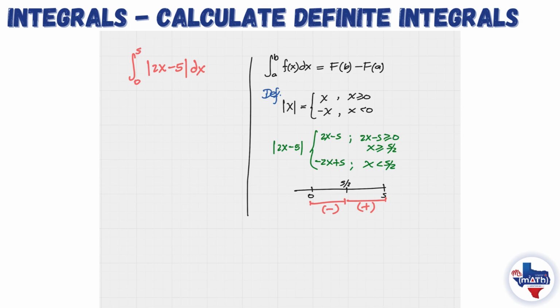So we'll have the integral from 0 to 5 halves of the negative behavior, negative 2x plus 5 dx, plus the integral from 5 halves to 5 of the positive behavior, 2x minus 5 dx.